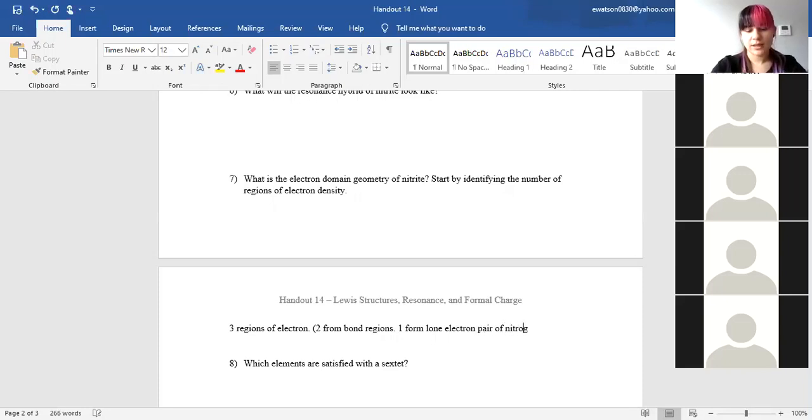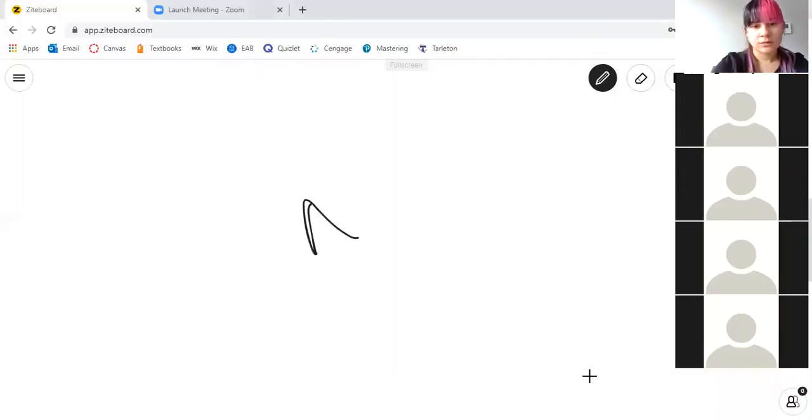So whenever you're looking at electron domains or electron density regions, you're always going to want to focus on the central atom, so our nitrogen.